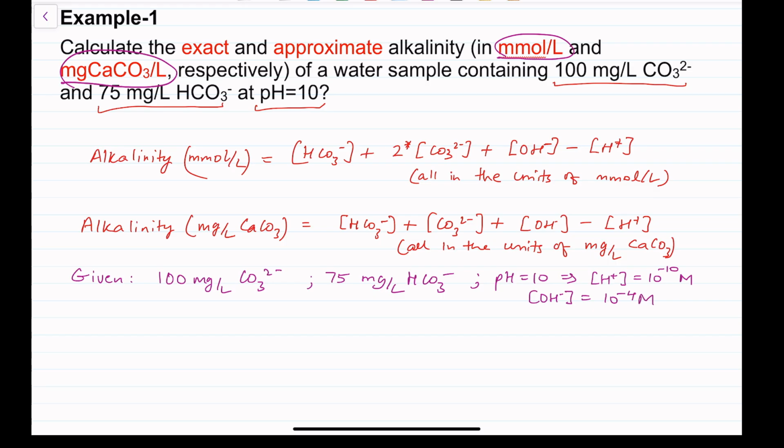And how do we get that? Because we know that H plus times OH minus is equal to Kw, the equilibrium constant for dissociation of water, which is equal to 10 to the power minus 14. So that's where we're getting this from.